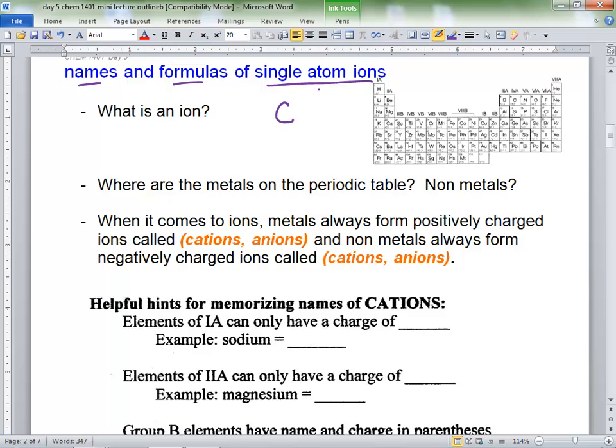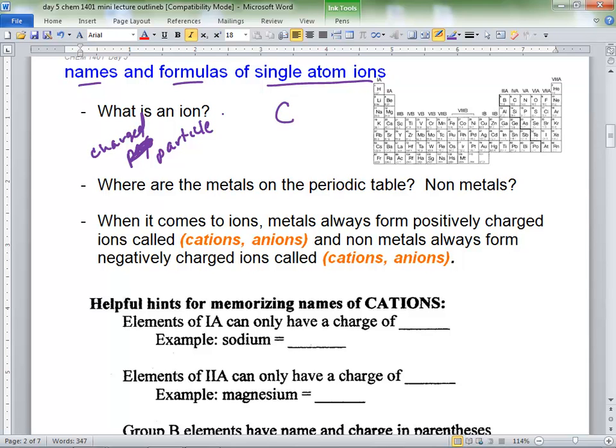Change the number of protons and you're doing nuclear chemistry, you're doing explosions. It ain't going to happen. So you change the number of electrons. If you give it too many electrons, it has a negative charge. You take electrons away, it's going to have a positive charge. That's more than you need to know, but I think it helps. Okay. So what is an ion? It's just a charged particle.